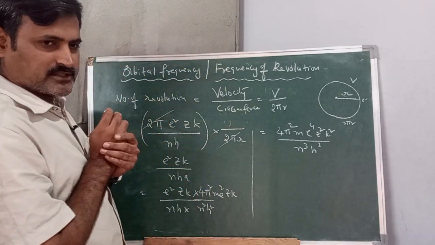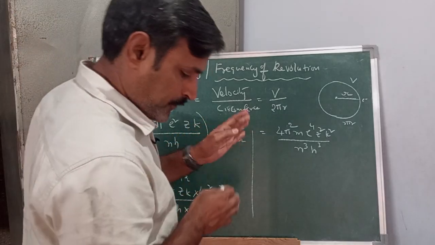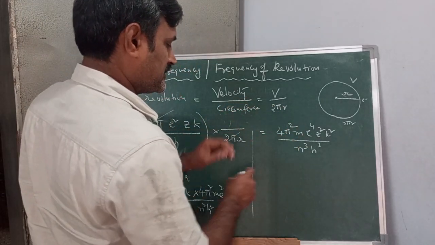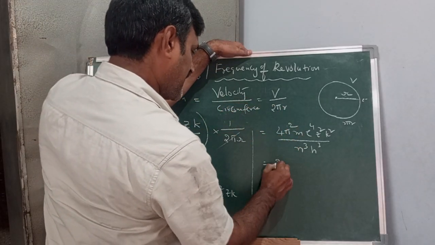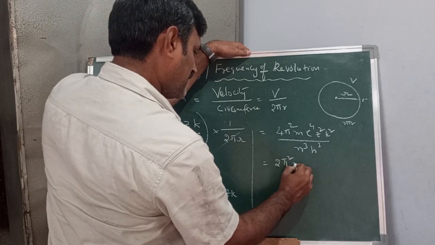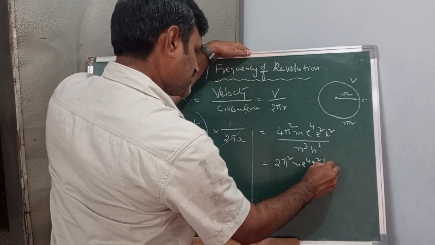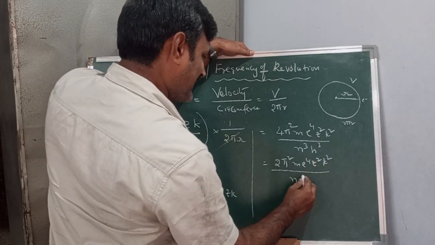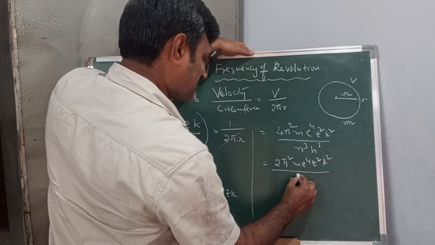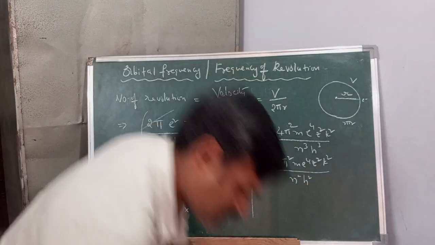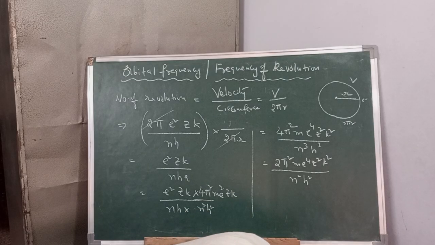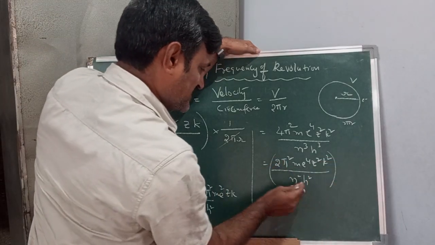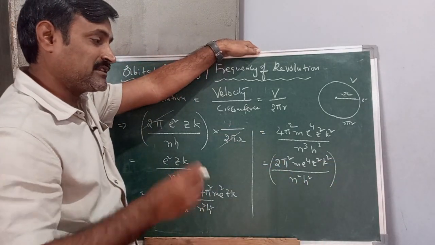If you carefully observe this, apart from z and n, the rest of it can be written with the 4 as 2 into 2 pi square m e power 4 z square k square by n square h square. You can observe that this expression is the energy of the nth orbit.